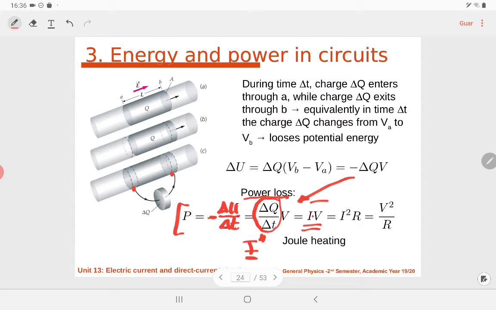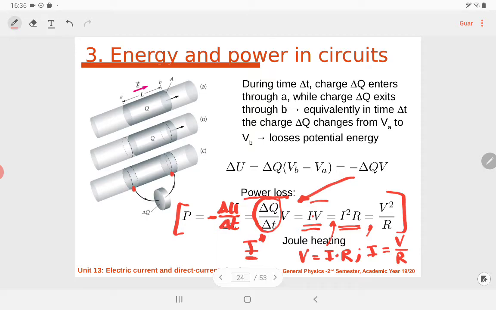Okay, if you recall Ohm's law, we know that V is equal to I times R. So we take that into account. We see that this power loss can also be expressed as the square of the electric current times the resistance, I squared R. And with the same idea, if we know that the electric current is equal to the potential drop divided by the resistance, then we can see that this expression is also equivalent.